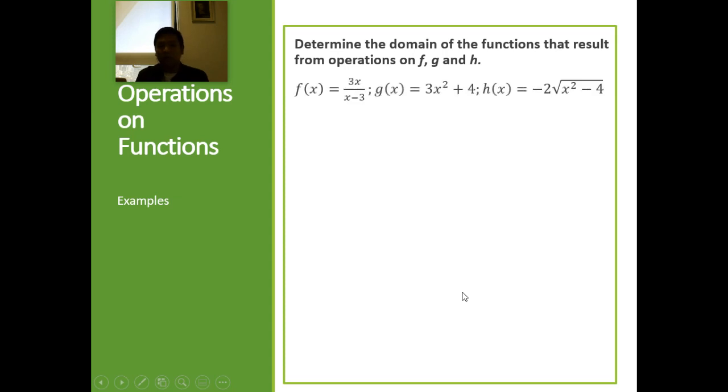Here are the operations. So f of x equals 3x over x minus 3, g of x is 3x squared plus 4, and h of x is negative 2 times the square root of x squared minus 4.